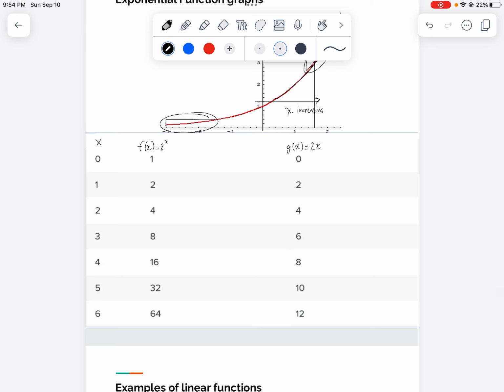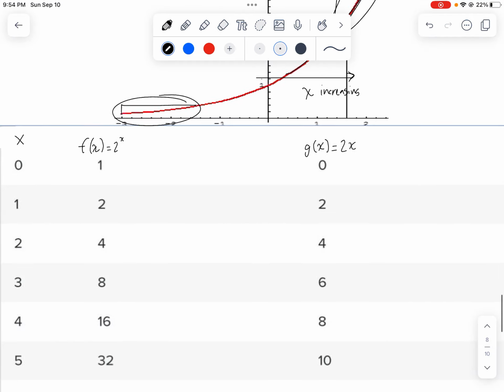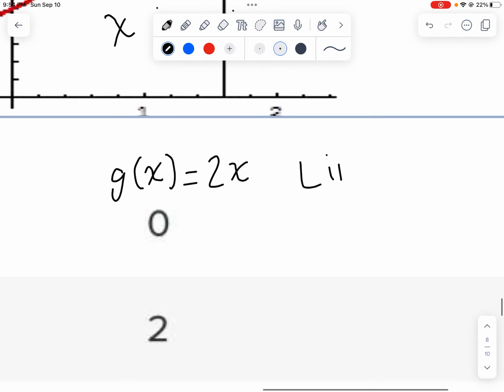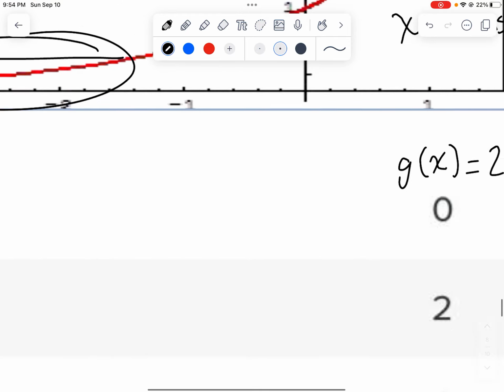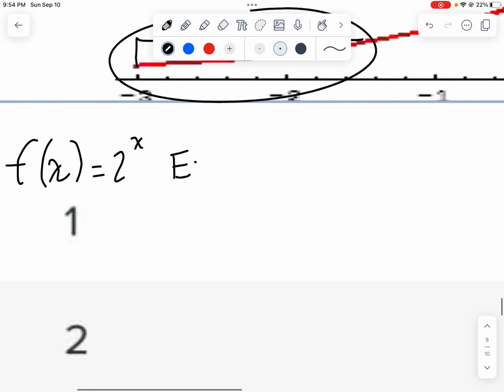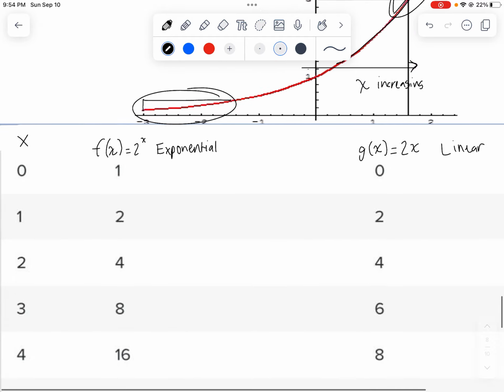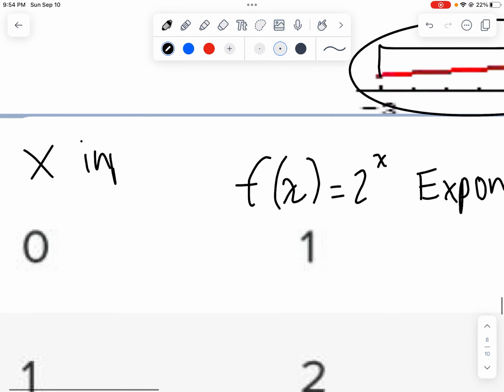Then we have 2 to the x, which is an exponential function, and 2 times x, which is linear. So I'll label this linear here, exponential here, and this is just our input, okay?